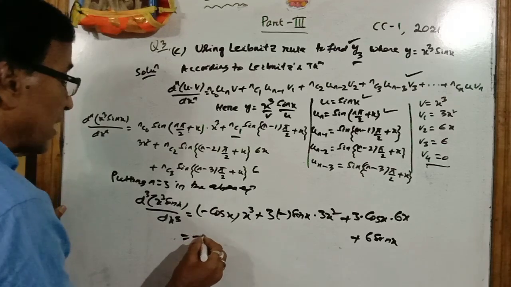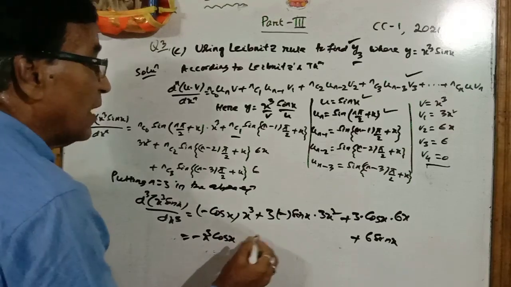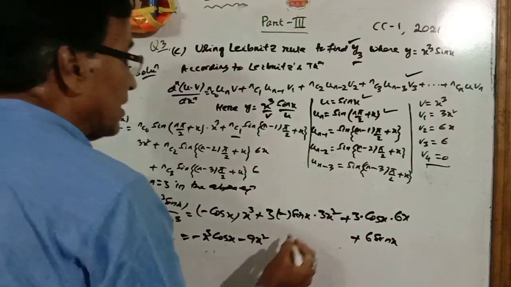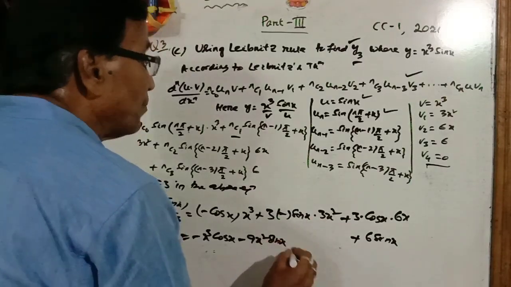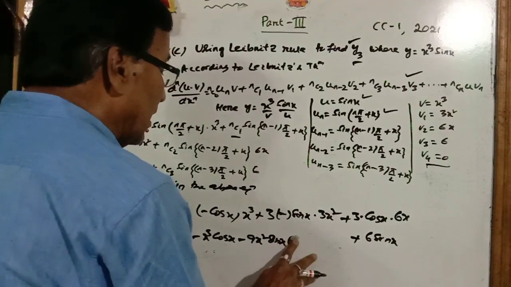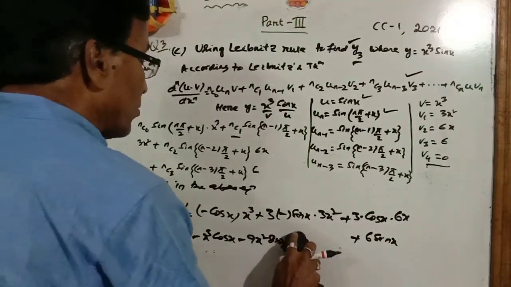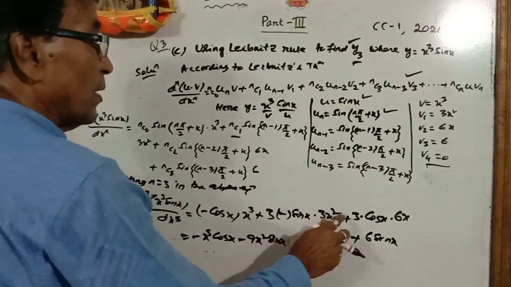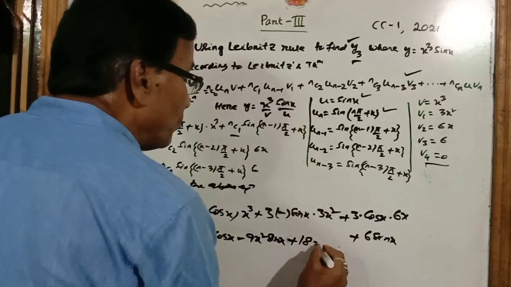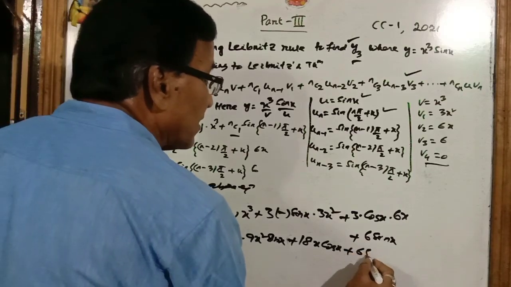We are getting minus x cube cos x minus 9x square sin x minus 9x square sin x plus 18x cos x plus 6 sin x.